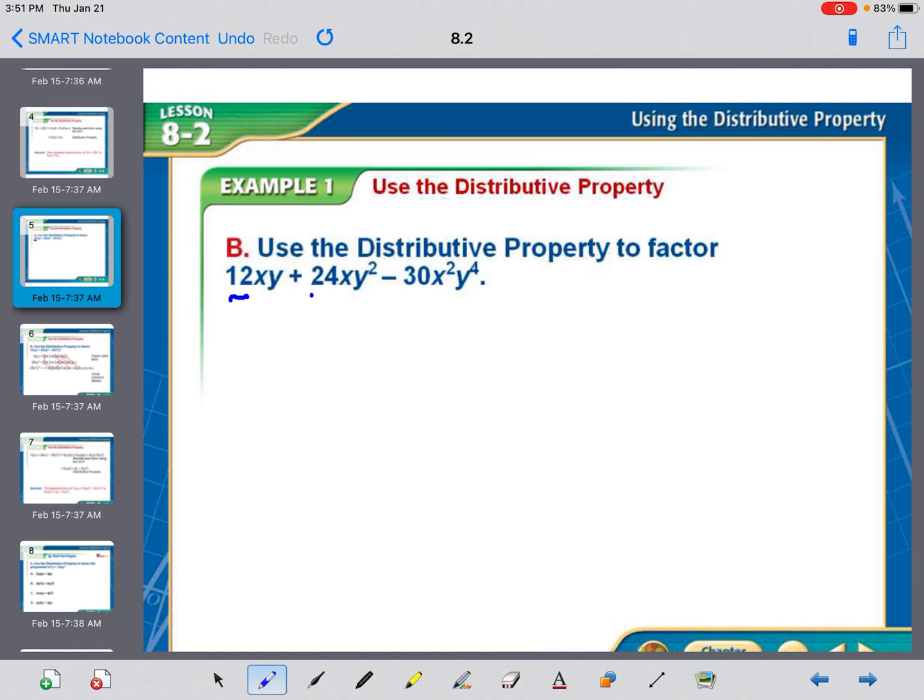So looking at the numeric parts, we've got the 12, the 24, and the 30. And we're talking about the GCF. What's the largest number that will go into all three of them evenly? And the answer is 6.